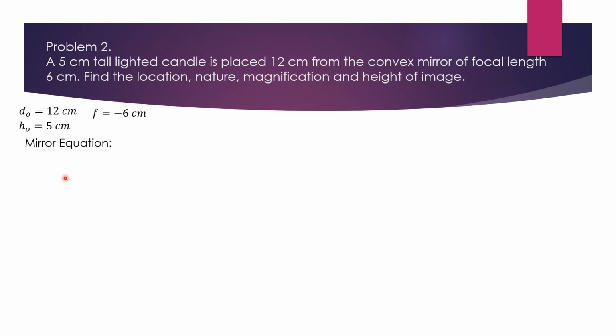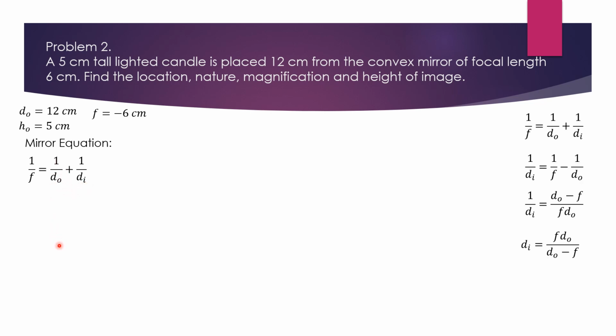The mirror equation is given as 1 over f is equal to 1 over d object plus 1 over d image. Here I would like to emphasize that since we need to find the distance of the image, we should not be proceeding with all the calculations here. First, write the mirror equation on the side working, calculate the distance of the image like I did here, and you know all these steps.